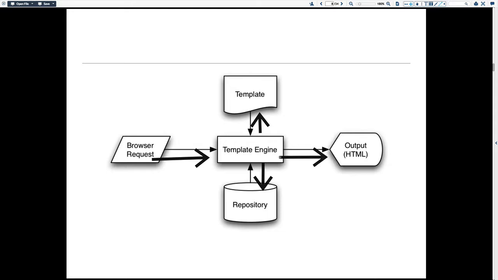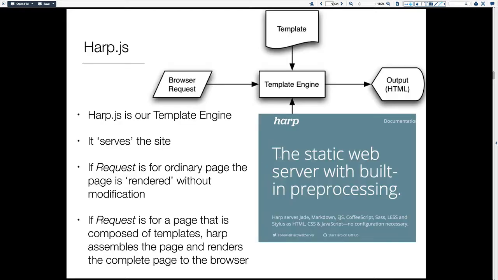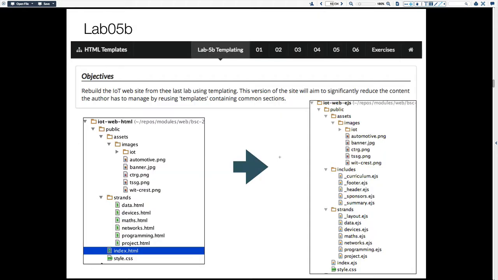It's a process of assembling complete pages from fragments. Browsers themselves only understand whole pages, not individual fragments. In the labs that accompany this talk, I have selected the Harp templating engine. It's a very simple server you can launch on your own computers, and it supports a variety of templating languages.